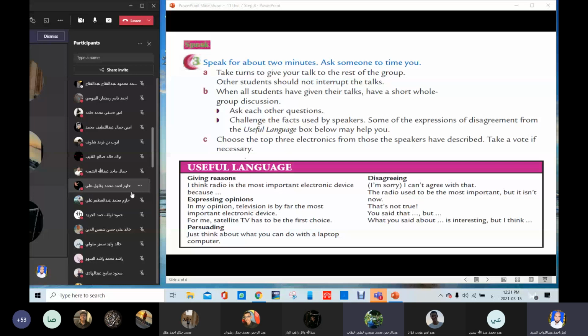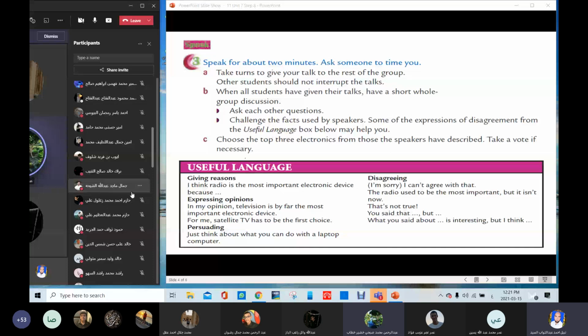We can use the mobile phone to communicate with each other. We can use the GPS on the mobile phone to know places. We can use it nowadays to study. Good. We can search the internet for information. For information, yeah. Thank you.